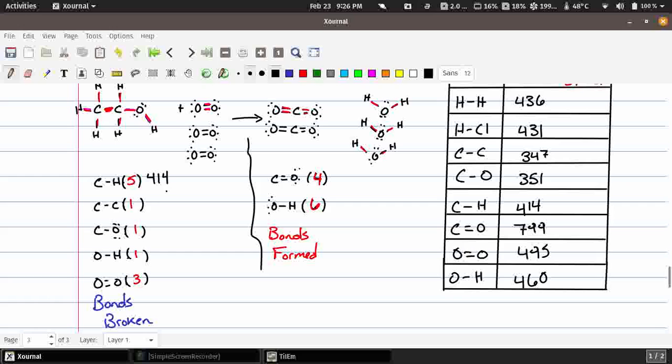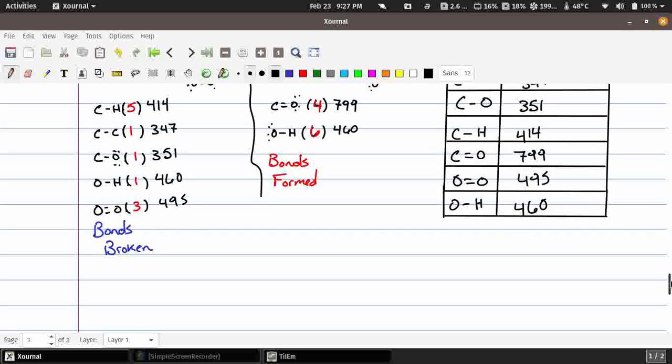So 414, 347, 351, 460, and we have 495. In the calculator, what you're going to be doing is summing up both sides. Over here we have 799 and then 460 again. What you're going to do in the calculator is the bonds broken side minus bonds formed gives you the final energy. And then that'll let you know if you have an exothermic or endothermic reaction.